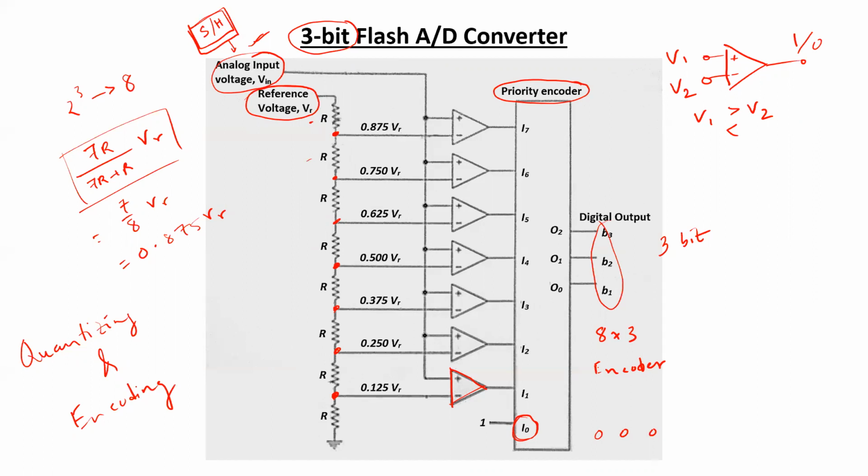That operation is done over here, where you are providing a unique reference voltage, and each unique reference voltage corresponds to a particular quantizer state. And later on, using the priority encoder, you are doing the encoding operation, where you are encoding the analog signal finally into a bit string. So this is the general operation for this particular arrangement.